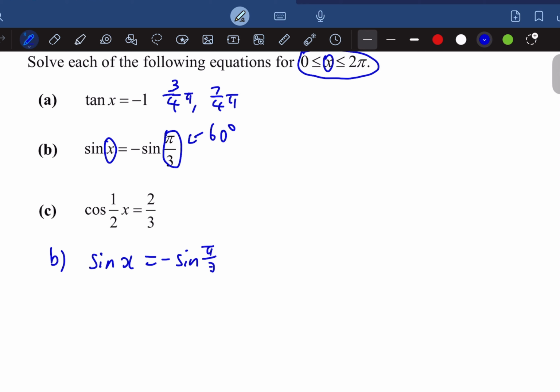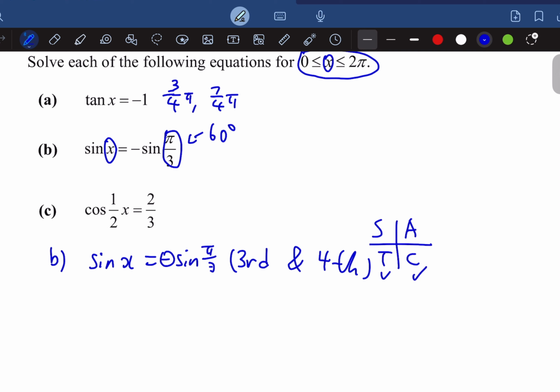So with this, I can happily write this as, wait, give me a minute. Because here is a negative, sine negative is in the third and the fourth quadrant, ASTC. Third and the fourth quadrant. Do write down, or have the habit of writing down.